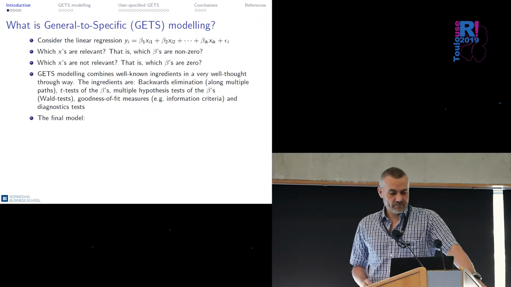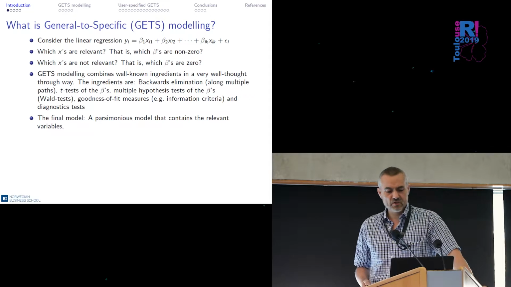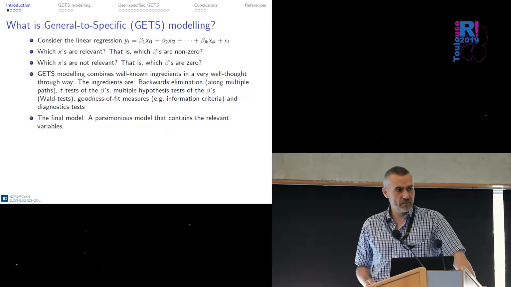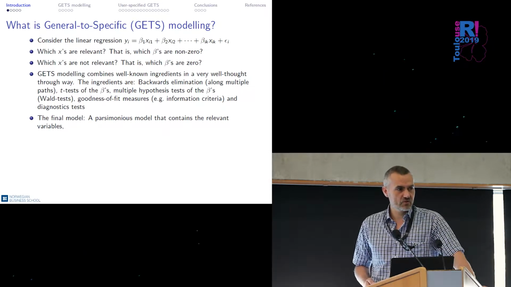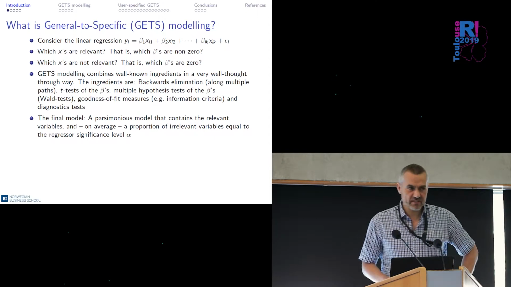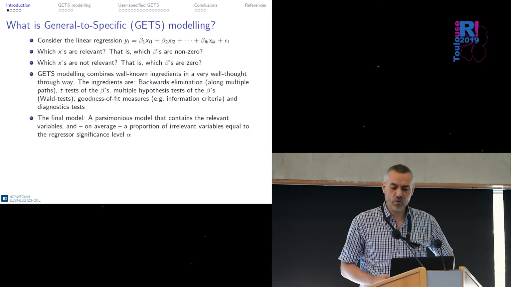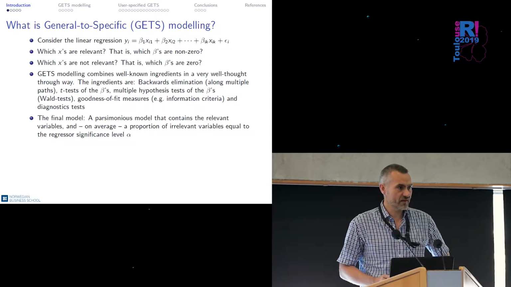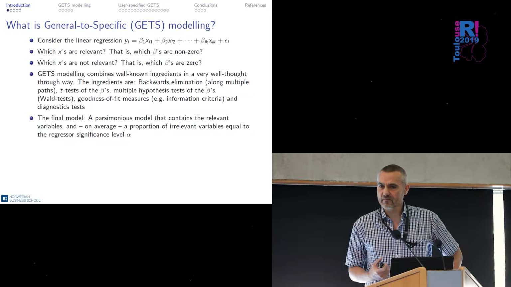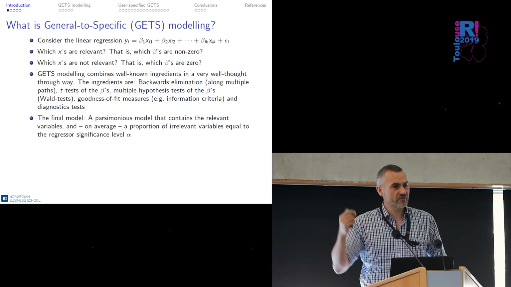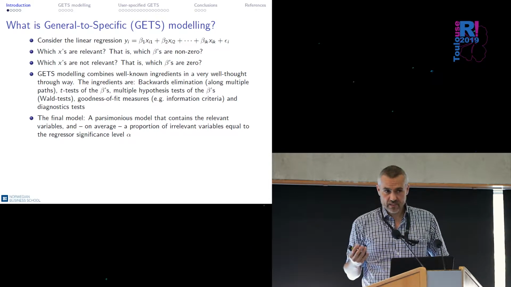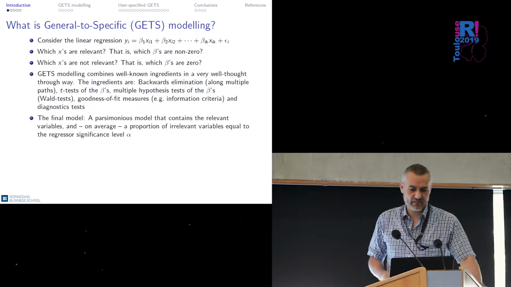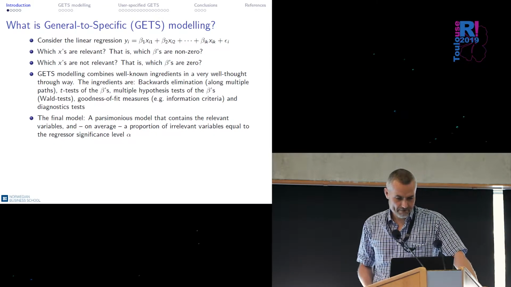The final model is a parsimonious model that contains the relevant variables with probability 1 as the sample size goes to infinity, and on average, and this is a really useful part, a proportion of irrelevant variables equal to the regressor significance level alpha. So the way you control the error is by tuning the regressor significance level. And asymptotically, you can control that in a very predictable manner. I will come back to that later when I say more about Gets modeling.